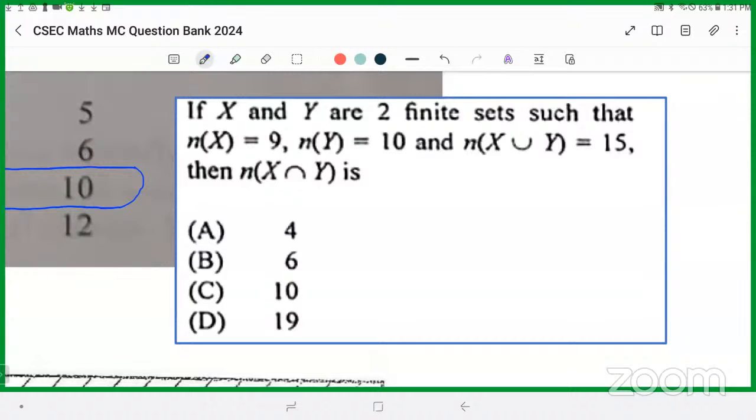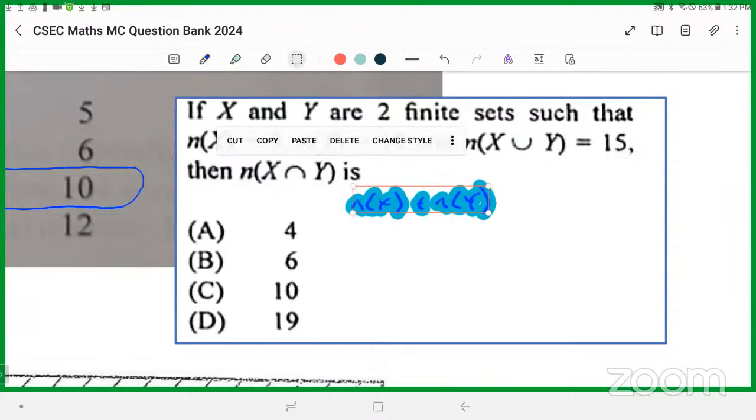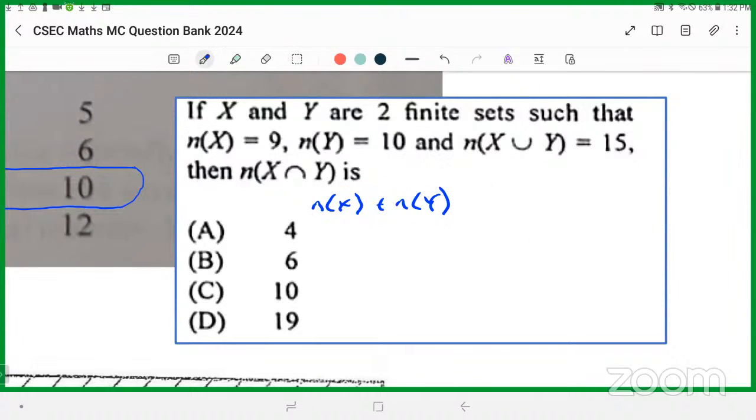All right. So this is another similar question. The sum of these two must be equal to the sum of these two. So the number in X plus the number in Y must be equal to the number in the union plus the number in the intersection.